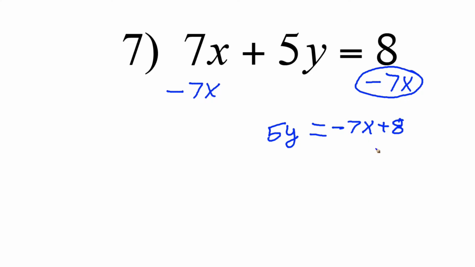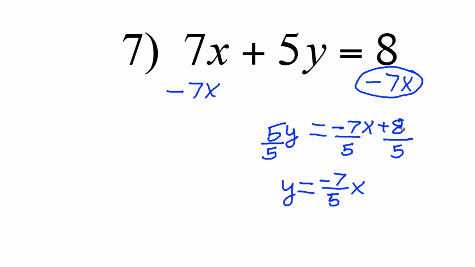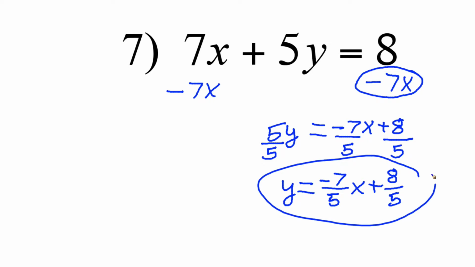And we never combine those, so now we divide by whatever number's in front of the y, leaving us with y equals, can't simplify that anymore, so negative 7 over 5x, and we can't simplify that either, so plus 8 over 5, and there's our number.